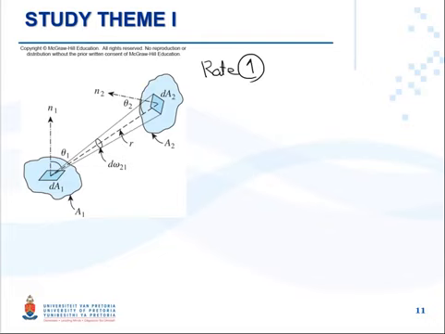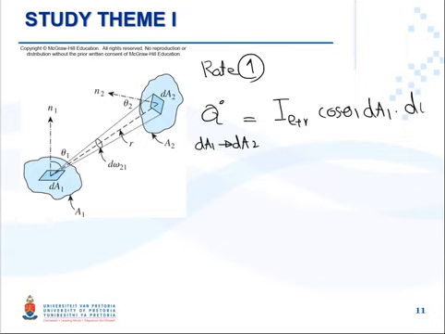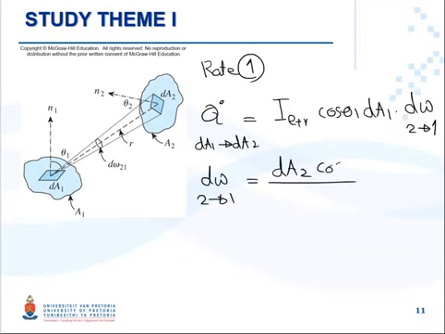If you remember from previous lectures, by applying the radiation intensity concept, we can say that Q̇_dA1→dA2 can be defined as I_e1 cos θ1 dA1 dω_2-1, and you remember that dω_2-1, the differential view solid angle 2-1, is equal to dA2 cos θ2 divided by R².